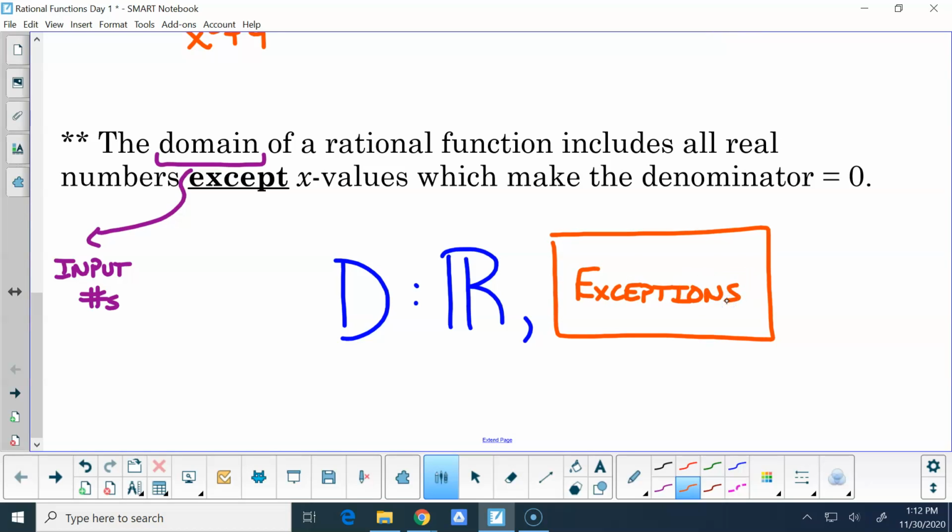Now, you could have one exception, you could have 2 exceptions, you could have 17 exceptions. However many numbers that make your denominator be 0, that's how many exceptions you're going to have.